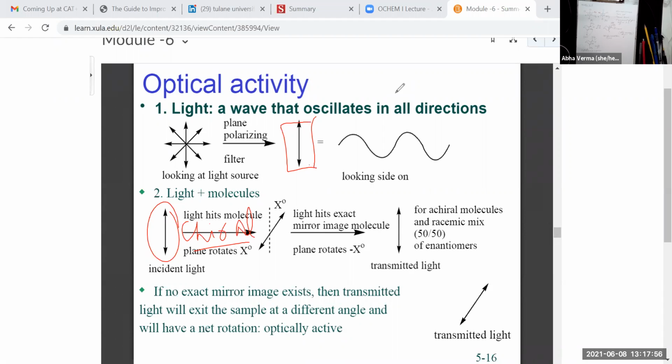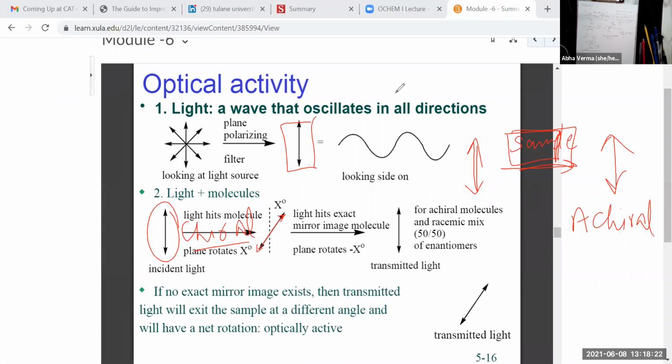So this is my light, this is my sample. Just like IR, I will prepare a sample. I pass my light and nothing happens. I will say that this is an achiral material. But if the light bends, then I know I have a chiral molecule.